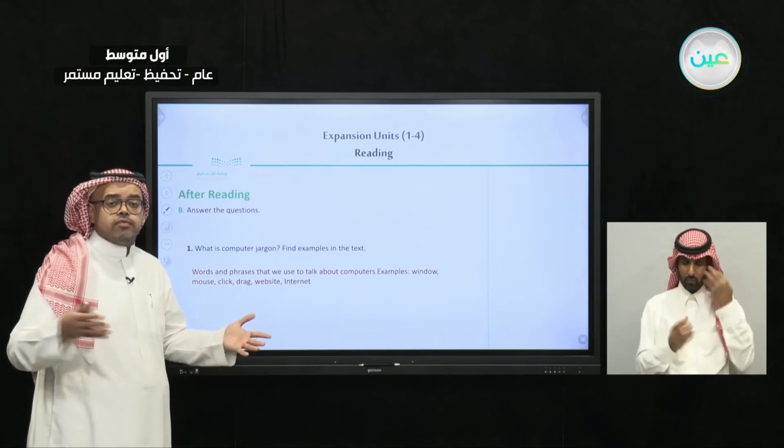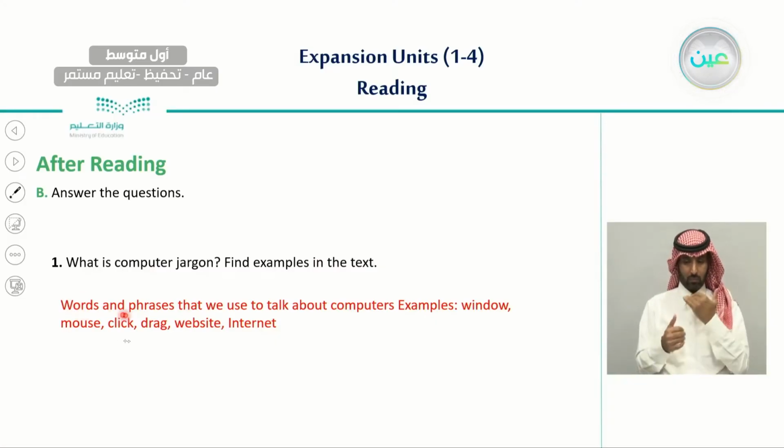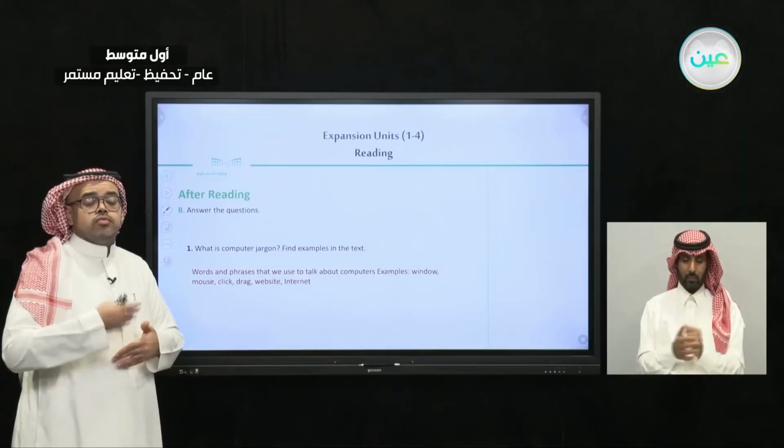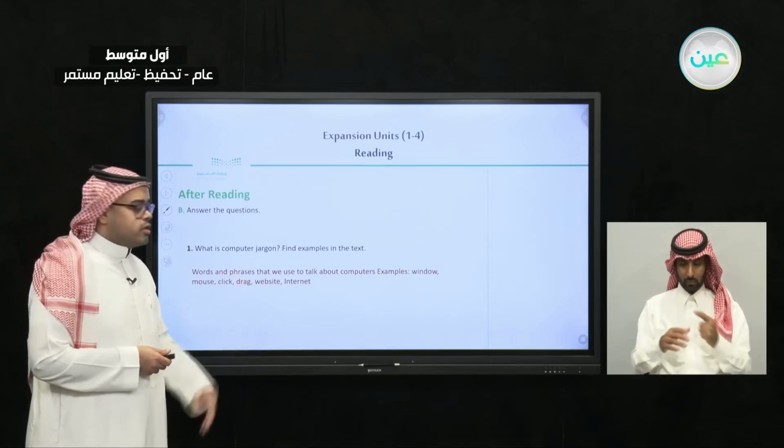So we have a lot of words that we can use when we speak Arabic. So here, words and phrases that we use to talk about computers. Examples: window, mouse, click, drag, website, internet, and the list continues. So we can think of more and more words when we talk about computer terminology.